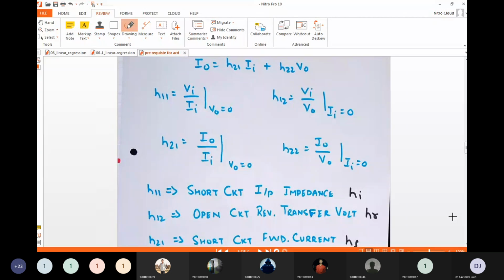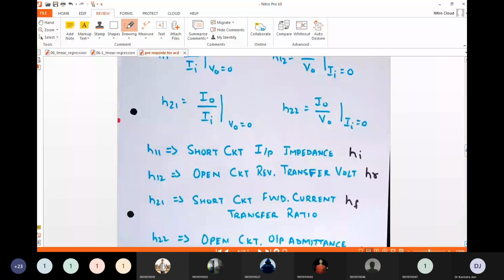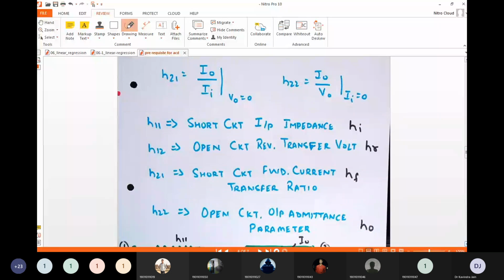So this is basically the current transfer ratio in the forward direction. Hence, it is short circuit forward current transfer ratio.